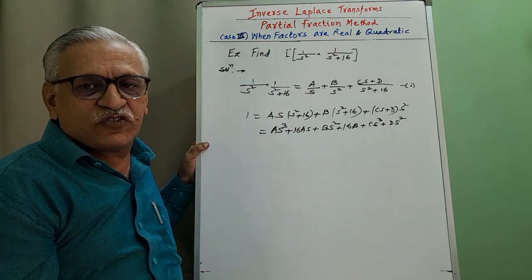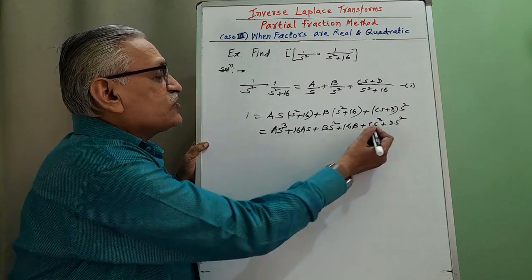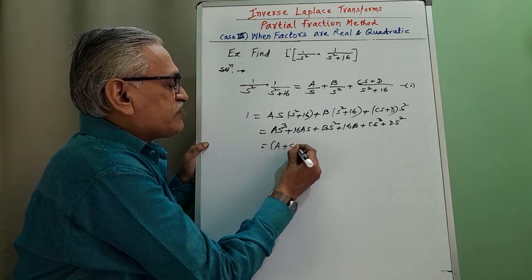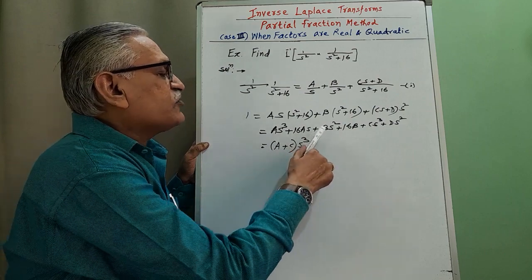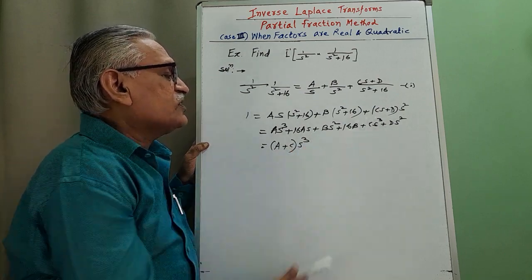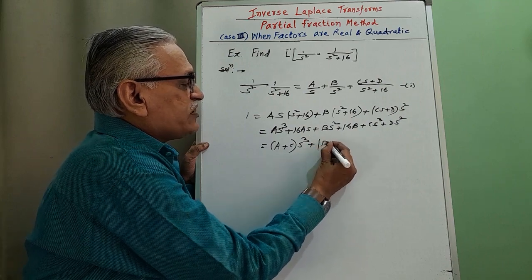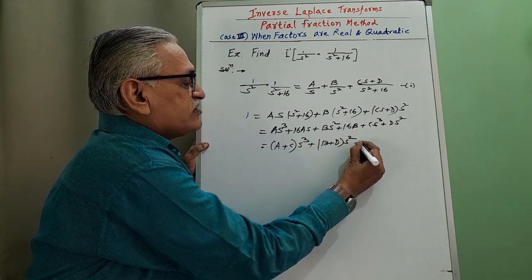Collecting the terms of s cube, s square, s and constant term. There are two terms of s cube, therefore remaining is A plus C into s cube. Then terms of s square, 1, 2. Taking s square common, we get B plus D into s square.